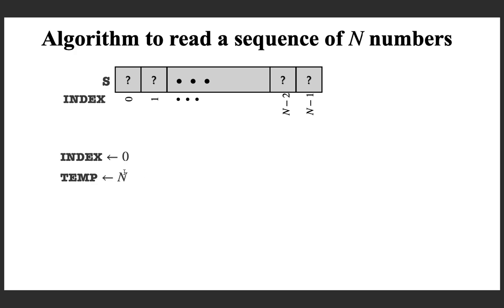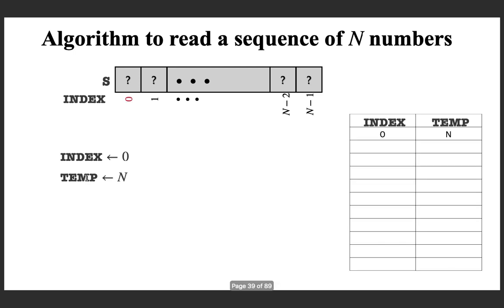And maybe if you want, you can copy the number of numbers into a temporary variable. And now we are going to monitor the progress of the values in these two variables, index and temp.